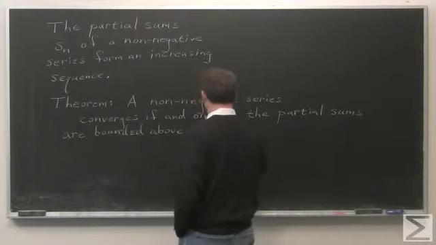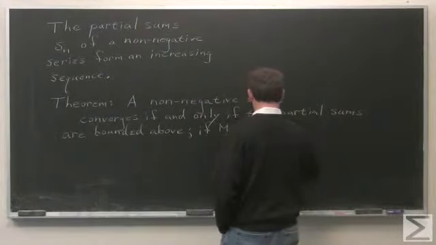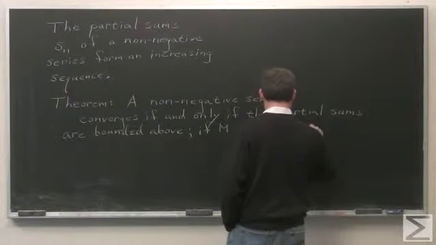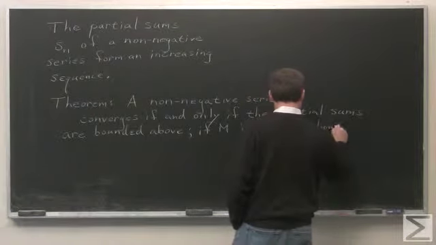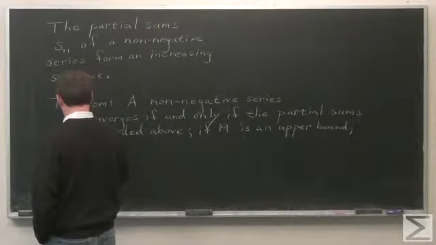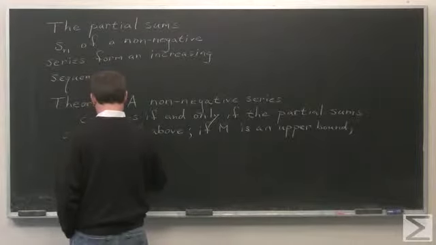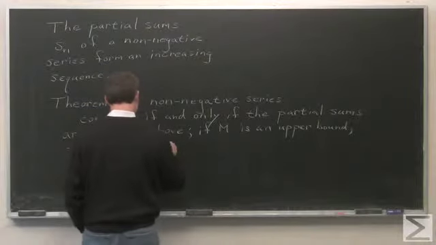If M is an upper bound on the partial sums, then the series converges to the sum of the convergent series.